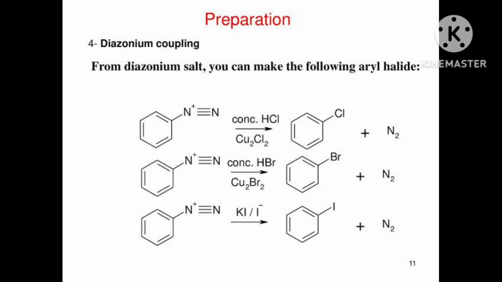This N is negative charge, that will give to the N of NO2, correct. That was positive character, that's why it balanced the X minus also.